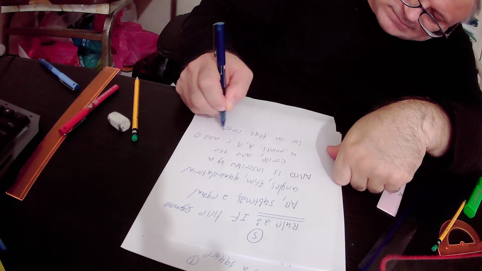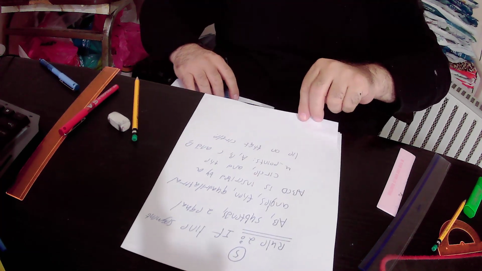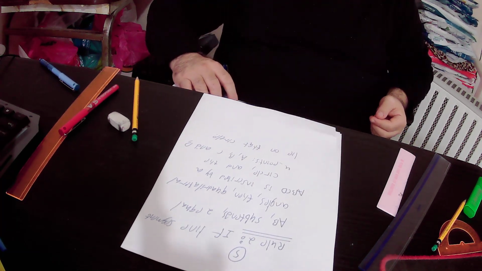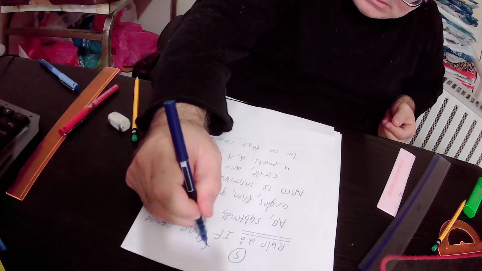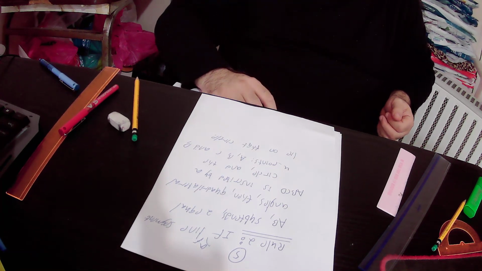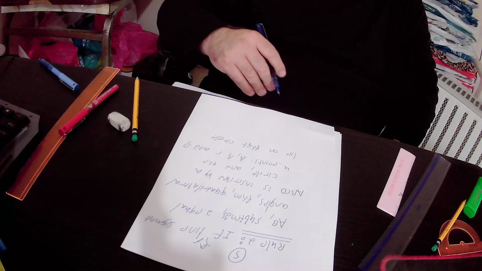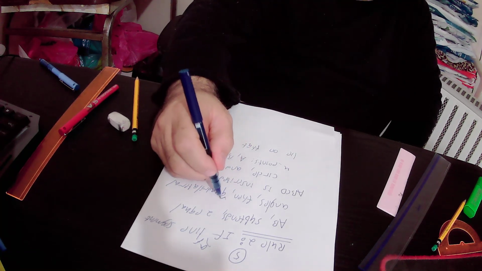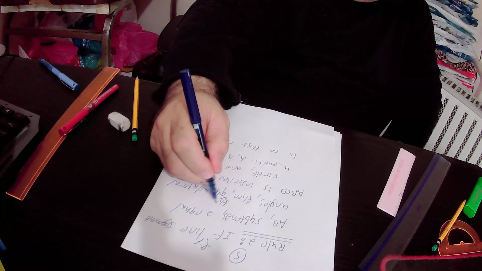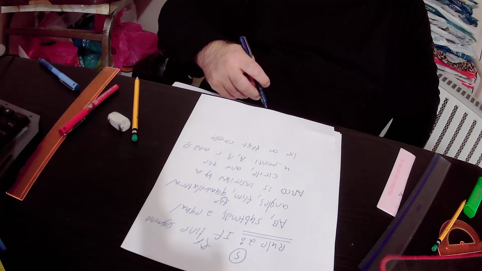I will read rule number 2 again. According to rule number 2, if a line segment AB subtends two equal angles, then the quadrilateral ABCD is inscribed by a circle, and the 4 points A, B, C, and D lie on that circle.